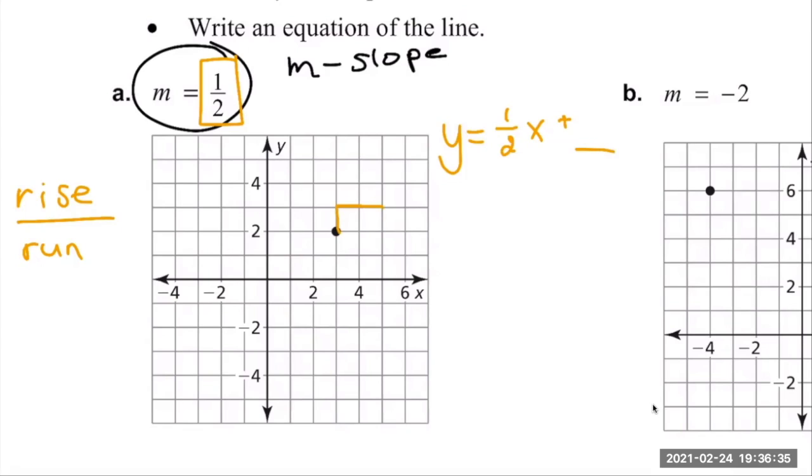Since that's not going to get us to our y-intercept, I'm going to go back the other direction. So instead, I'm going to have to run 2 and go down 1. Run 2, go down 1. Just as long as my slope stays the same, it doesn't matter if it's going up or down, because right away we can see all these different points that we just created on our graph.